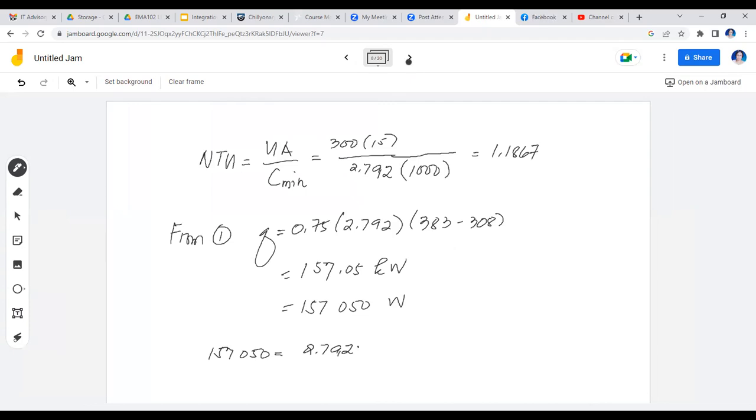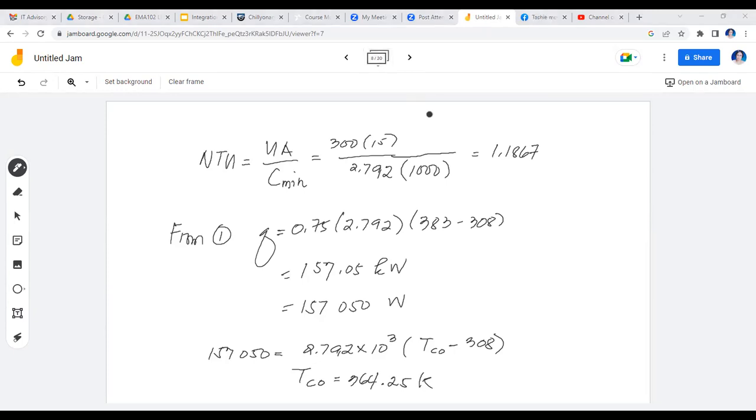I'll just multiply this by 1,000, so that's 10 raised to 3, times its outlet temperature minus its inlet temperature of 308. Can you please solve for the outlet temperature? Check if you have the same answer as what I'm going to solve here. My answer here is 364.25 Kelvin.